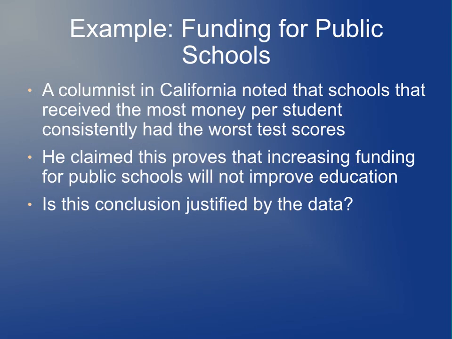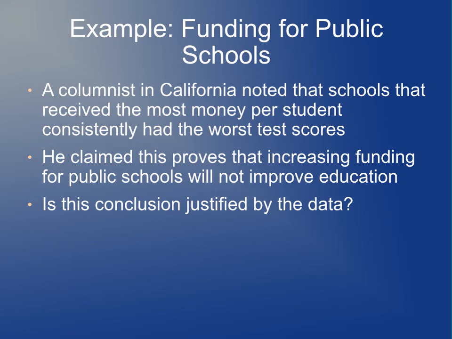Or another example, I read an op-ed once about funding for public schools in California, and this columnist noted that schools in California that got the most money per student consistently had the worst test scores. He tried to argue this proves that teachers aren't underpaid, that just throwing money at the problem will not improve the quality of education, and so on.